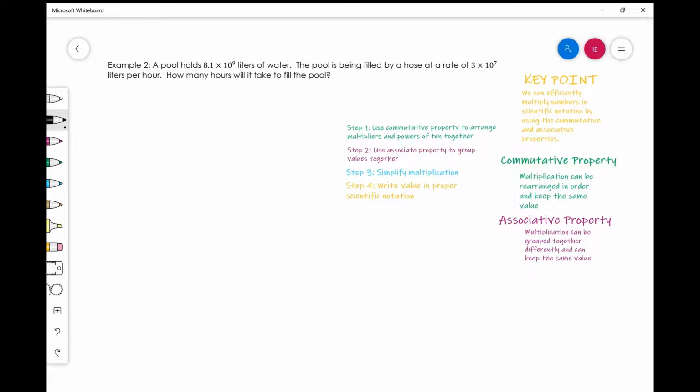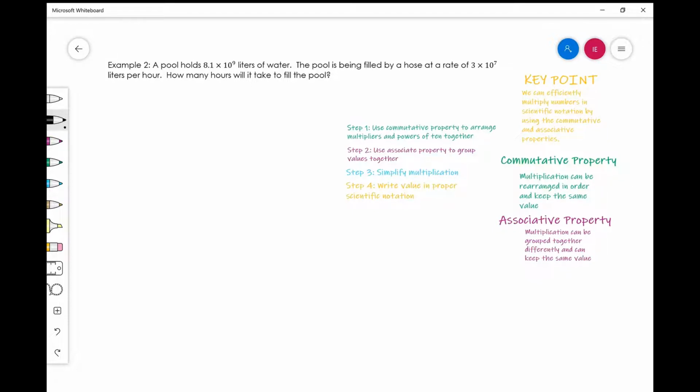Example 2 says a pool holds 8.1 times 10 to the 9 liters of water. The pool is being filled by a hose at a rate of 3 times 10 to the 7 liters per hour. How many hours will it take to fill the pool?